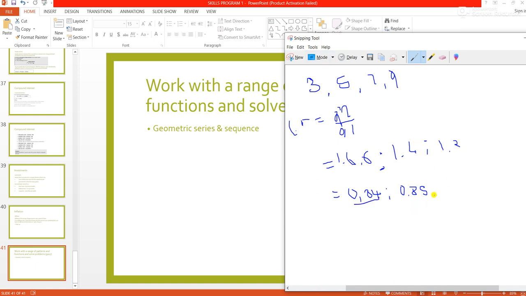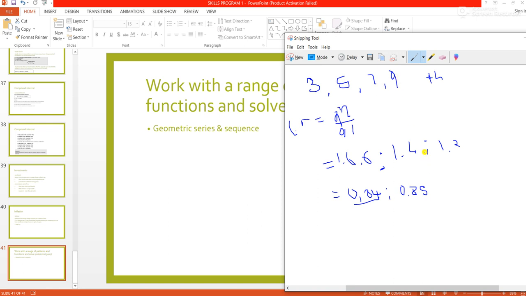So what we can do in this instance, let's say we are given a question to find the 10th term in this geometric sequence. Based on the geometric sequence, you would need to add the numbers that you have.